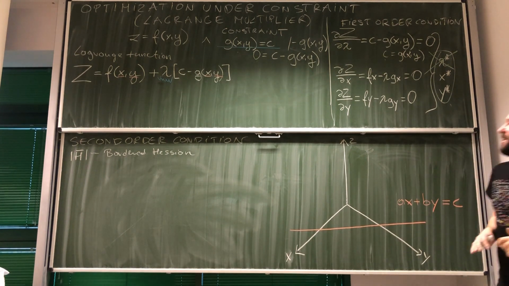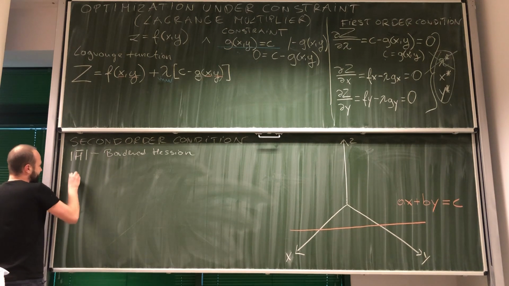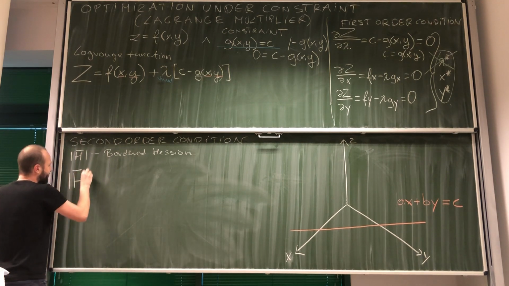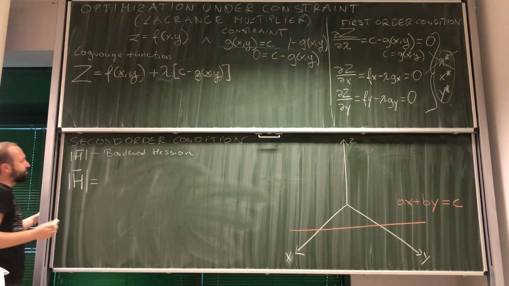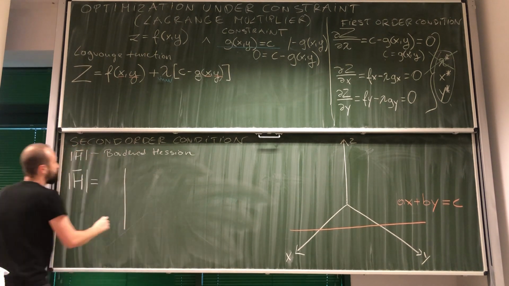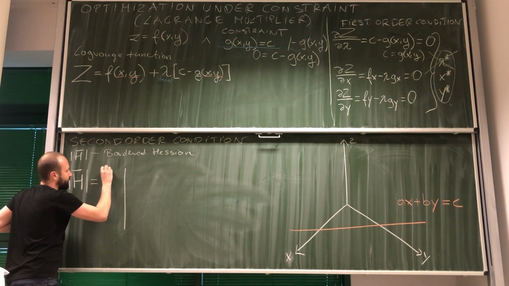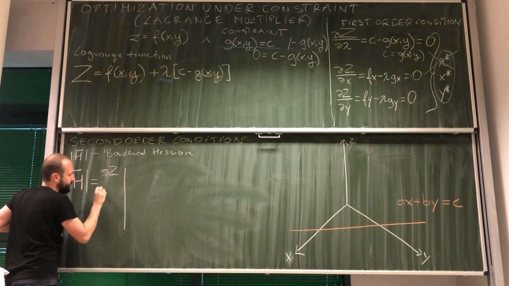Okay, but how do we calculate it? Look, we calculate it in exactly the same way as the regular Hessian. Now we just have more variables. Look, here we have the first partial derivative of big Z, capital Z, with respect to lambda.